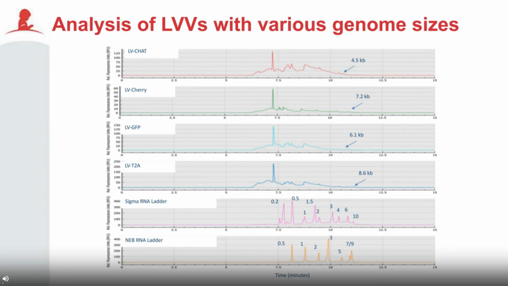So we tried to extract the equivalent amounts of transducing units per sample. Peaks of the intact genomes are indicated by the arrows. RNA ladders are shown at the bottom as the bottom two traces, both in the pink trace and the orange trace at the bottom. So you can use those traces to size the actual size of the genome.